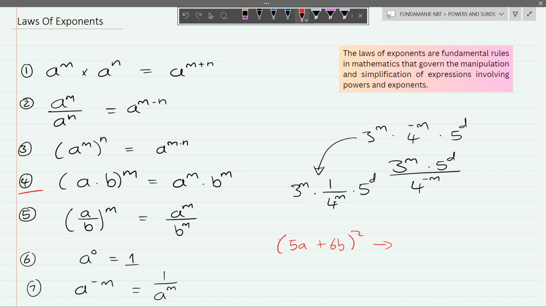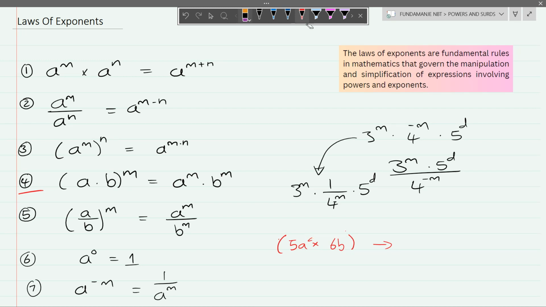So what we do in this case is, since we cannot assign this 2 inside, because the law is for the power of a product. This is not a product, this is an addition. If it was 5a times 6b, then we could assign the 2 to each individual term underneath this bracket, like that.